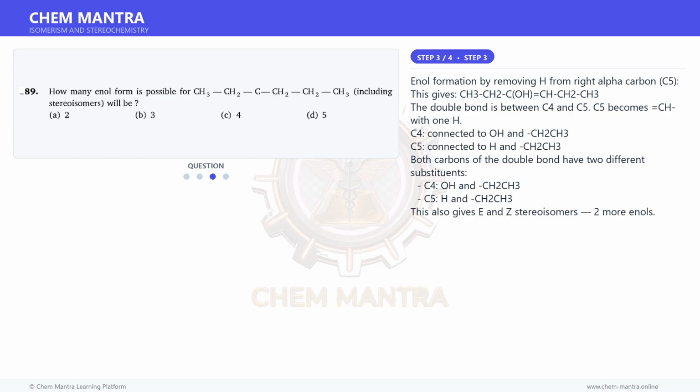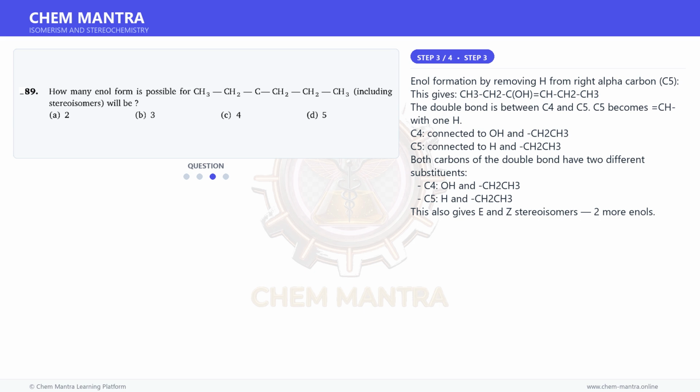Enol formation by removing H from right alpha carbon, C5. This gives CH3-CH2-C(OH)=CH-CH2-CH3. The double bond is between C4 and C5. C5 becomes =CH with one H. C4 is connected to OH and CH2-CH3. C5 is connected to H and CH2-CH3.